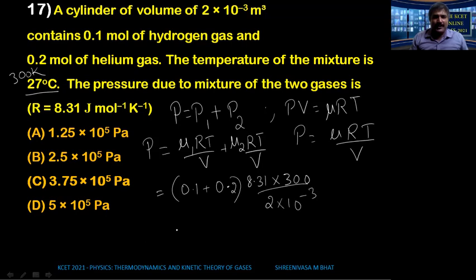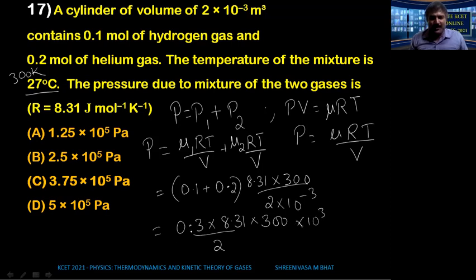Now it is 0.3 into 8.31 into 300 divided by 2 into 10 power minus 3, which I write in the numerator as 10 power 3.